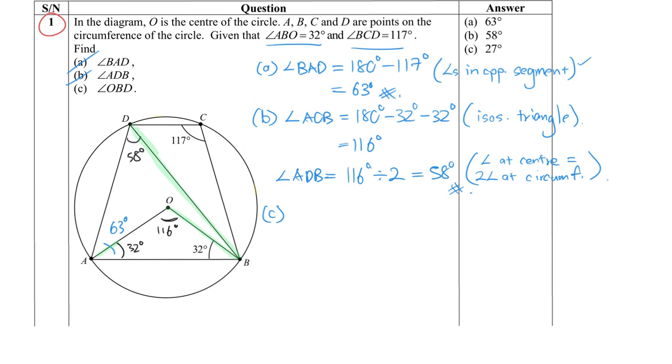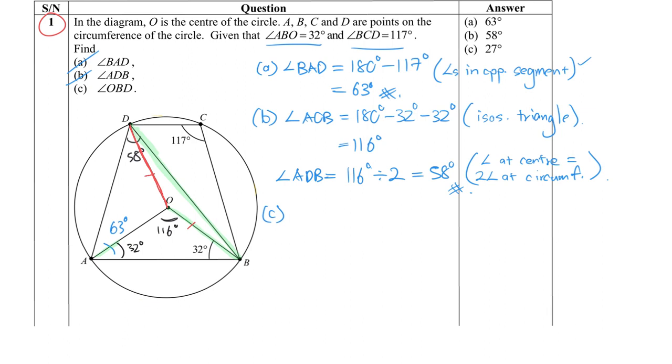Now, if there's one trick that Mr. Tan will teach you, it is that drawing a line purposefully would help us find the answer. And usually we draw a line to create shapes that are very useful to us. In this case, I will draw it from O to D. By doing that, I would have created another isosceles triangle ODB.